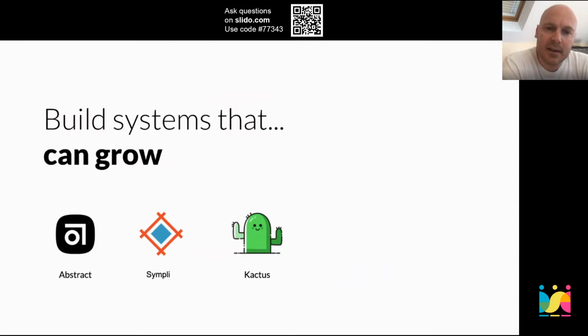And really, with the subject of growth, I want to propose that we start off the new design system that we build, set things off on the best foot and start with patterns of good behavior early on, because they'll pay off in the long run. So I've got some examples here of version control tools, Abstract, Simply, and Cactus, just a few. There are others.